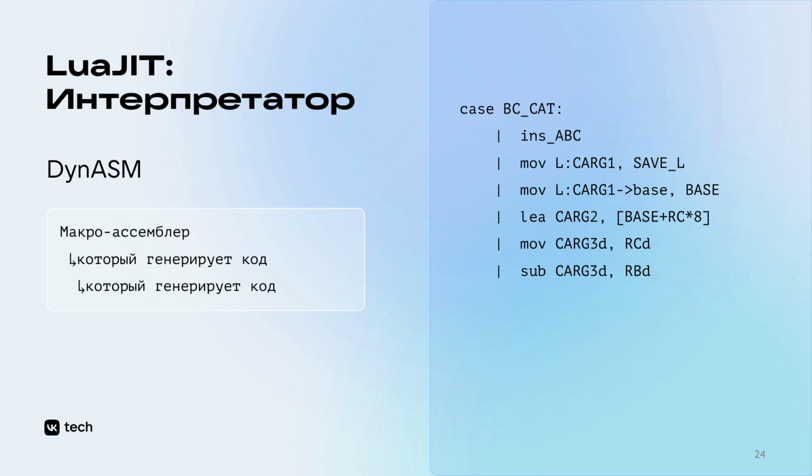It's then translated into DIN-ASM, which converts the macro assembler into code to be generated.